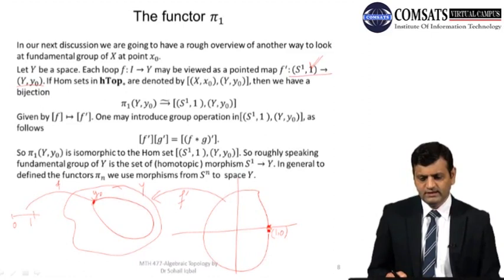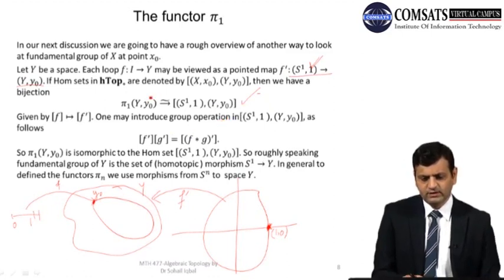So in other words, a loop in a space Y is the same as a pointed map from the circle, with this point (1, 0) going to y naught. So we can say that we have a bijection. Remember, in pi 1 of (Y, y naught), we consider the path classes of loops, not just loops but path classes of loops. So every path class of loops is the same as this thing.